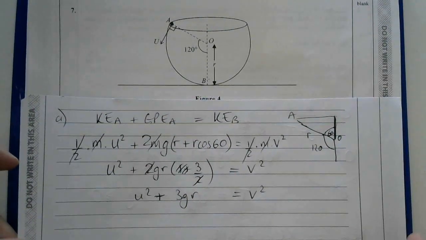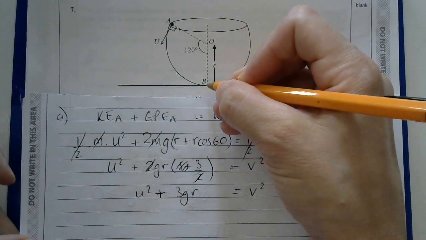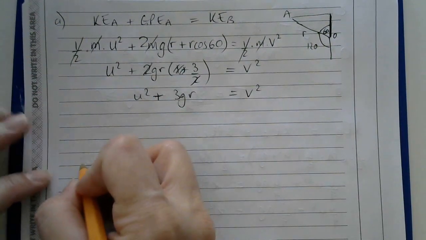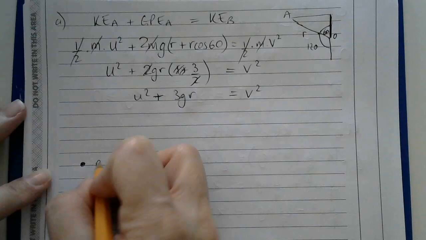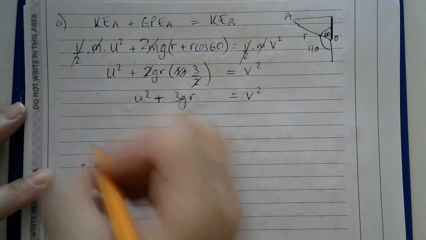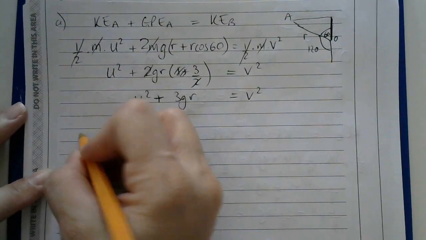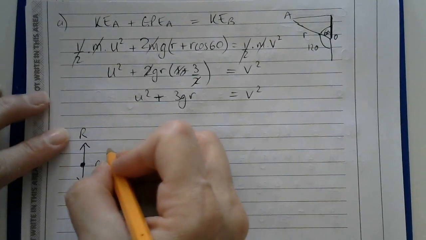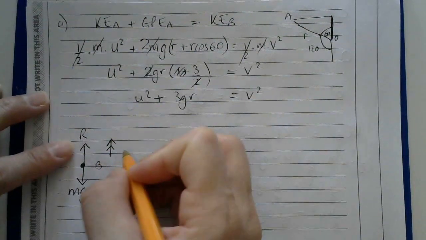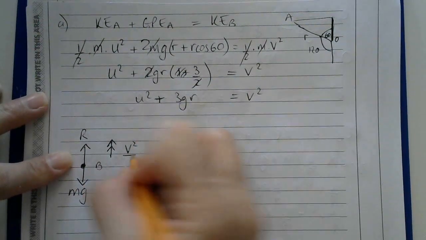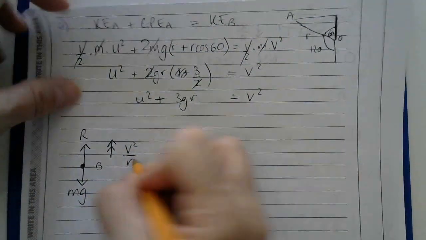So then if I look at what would happen to the particle when it's at B, I would see that there would be the weight acting on it downwards, there would be the reaction force of the bowl, which is what I'm looking for, and then it would accelerate towards the centre of the circle with an acceleration of what I've called v squared over the radius, which was r.